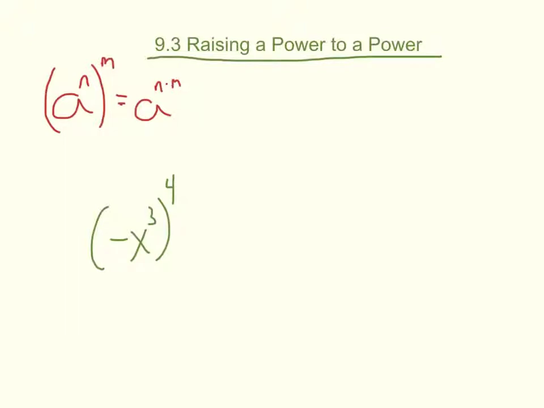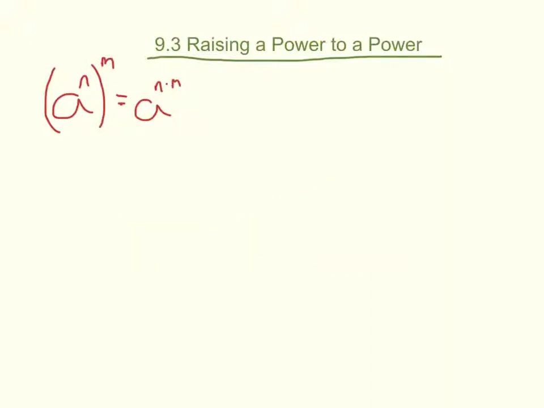So if I follow my rule here, the base stays the same, which is negative x, and I take the two exponents and multiply. 3 times 4, which is, don't forget your negative, negative x to the 12th. And since x is a variable, I can't simplify any further. I have negative x to the 12th.